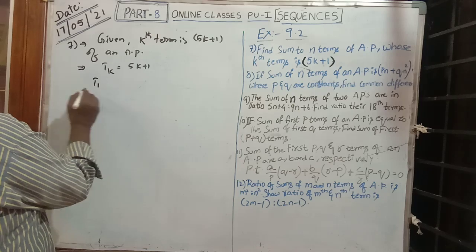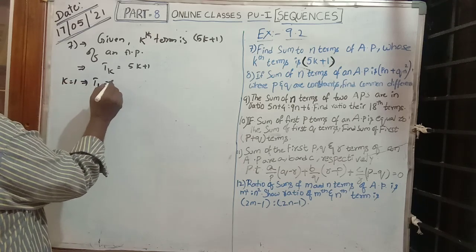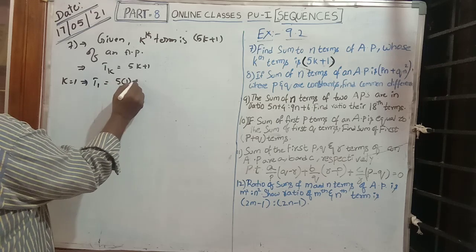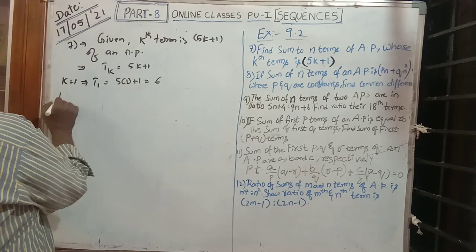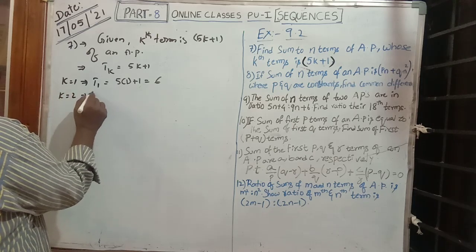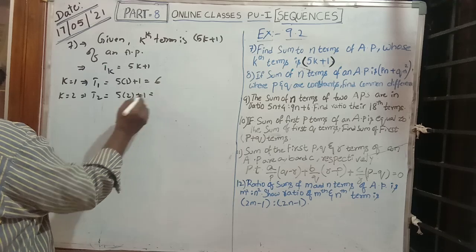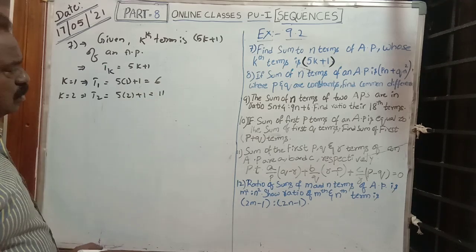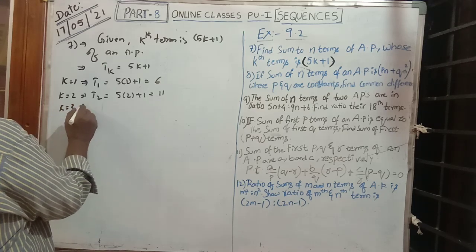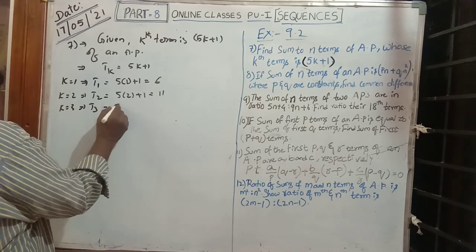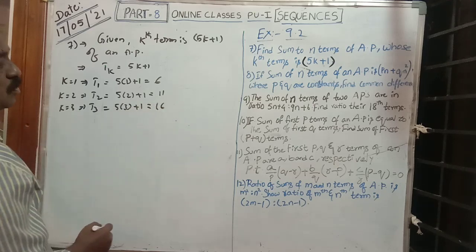What is t1? If k is equal to 1, we can get t1. That is 5 into 1 plus 1, that is 6. When k is equal to 2, t2 is equal to 5 into 2 plus 1, that is 11. When k is equal to 3, that is t3, 5 into 3 plus 1, 15 plus 1, 16.